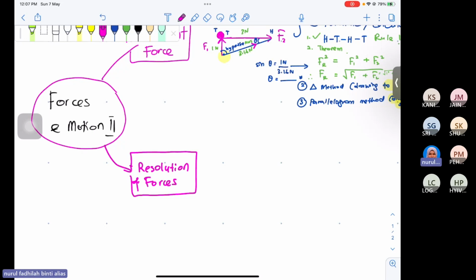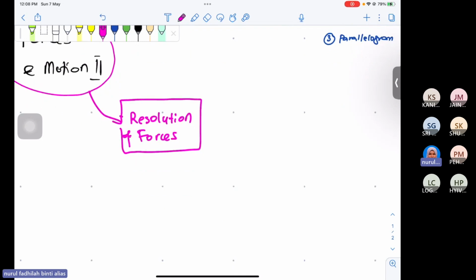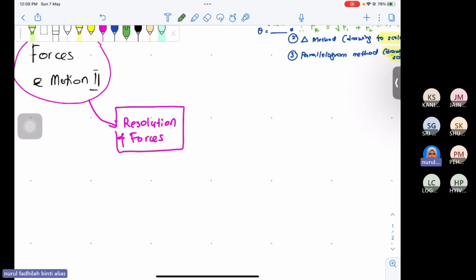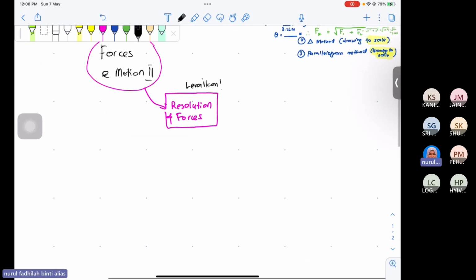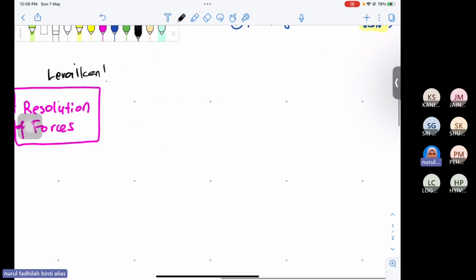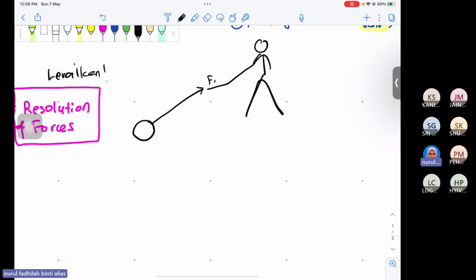Okay, resolution of force ni kita resolve. Resolve ni maksudnya kita leraikan. Lerai. Dah belajar kan? Jadi contoh, I have this force. Ni ada objek. Objek ni ditarik oleh someone lah. Ada orang kat sini. Dia tarik dengan tali.